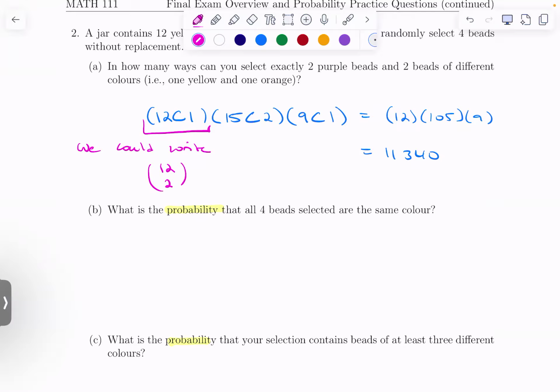Just make sure you don't put a bar between them, because then that becomes a fraction and that's not what you want. This is just 12 choose 2, so it's just different notation.